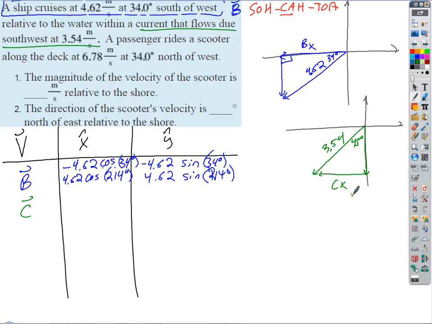Now, what's the sign going to be? The sign, positive or negative? Negative. Okay, so we'd have negative 3.54 sine 45 and negative 3.54 cosine 45, right, for the y component. Everybody see?